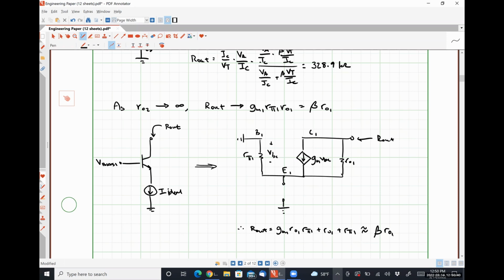So this gives us the fundamental maximum output resistance that we could ever hope to achieve with a BJT-based current source. And it's because we have to include the internal resistances of the BJT itself, right? So we can never hit an infinite output resistance.